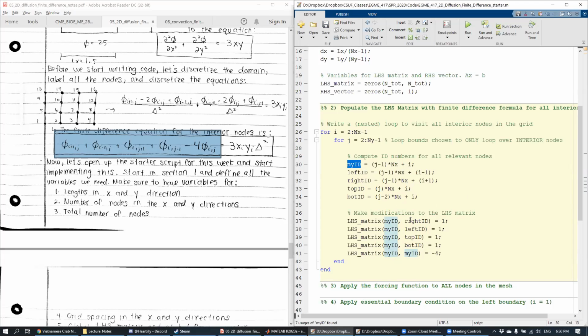And then I changed the columns according to which of the neighbors we're modifying. And so, we have my ID comma right ID for the right neighbor, my ID comma left ID for the left neighbor, my ID comma top ID for the top neighbor, and my ID comma bottom ID for the bottom neighbor. And then my ID here is just going to be minus 4 for this guy right here.